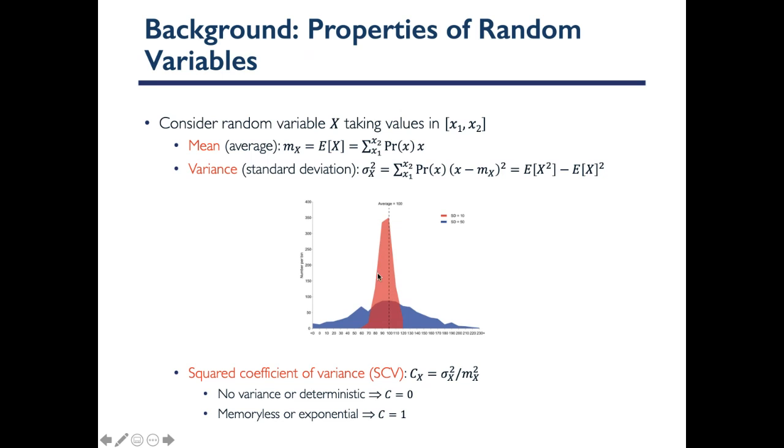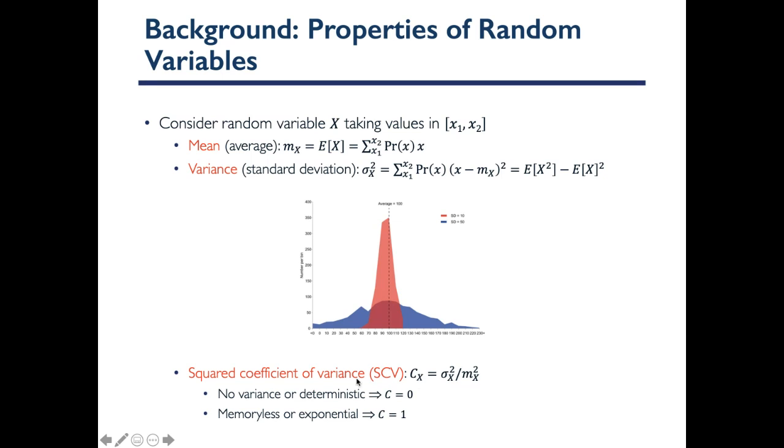All the instances that you've seen are very close to this 100, basically from 60 to 120. Whereas for the blue histogram, the instances that you've seen range from less than 0 to more than 230. So the variance is higher. In this case, the standard deviation of the red histogram is 10, whereas the standard deviation of the blue histogram is 50. We can also define a squared coefficient of variance for our random variable.